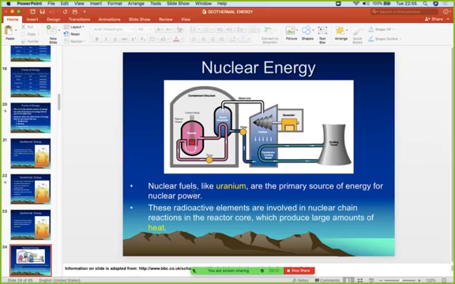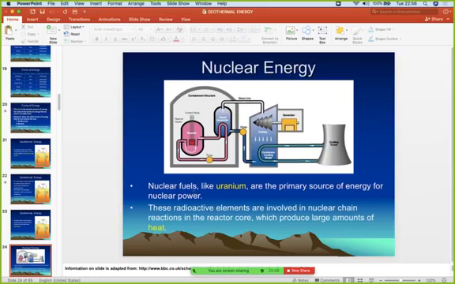So we have here the control rods. You have the reactor vessel. So we have the reactor. These are the rods that will form part of the various cells. These cells will create a large amount of heat. There will be constant water that is filled to produce steam.